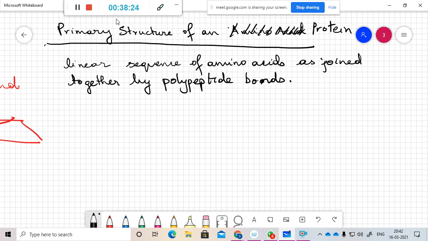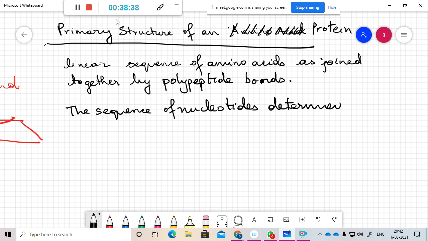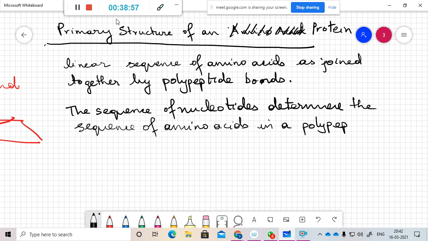So this is the sequence of nucleotides that determine this structure. Sequence of amino acids in a polypeptide.